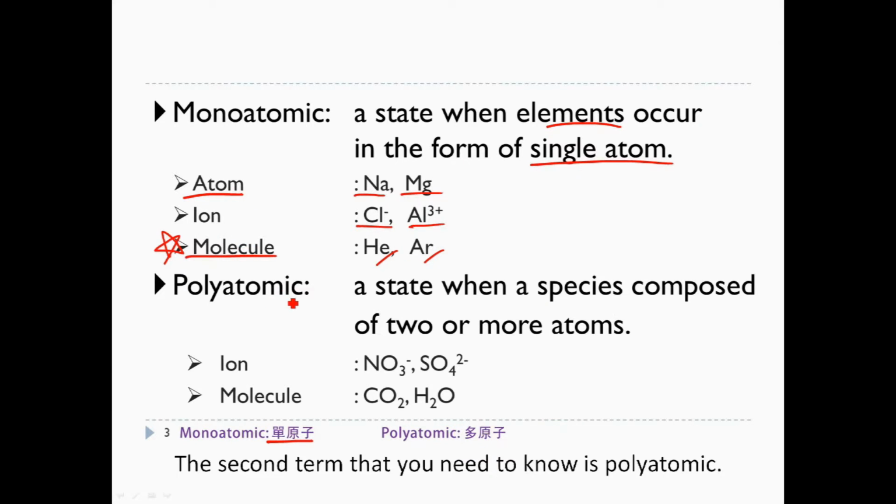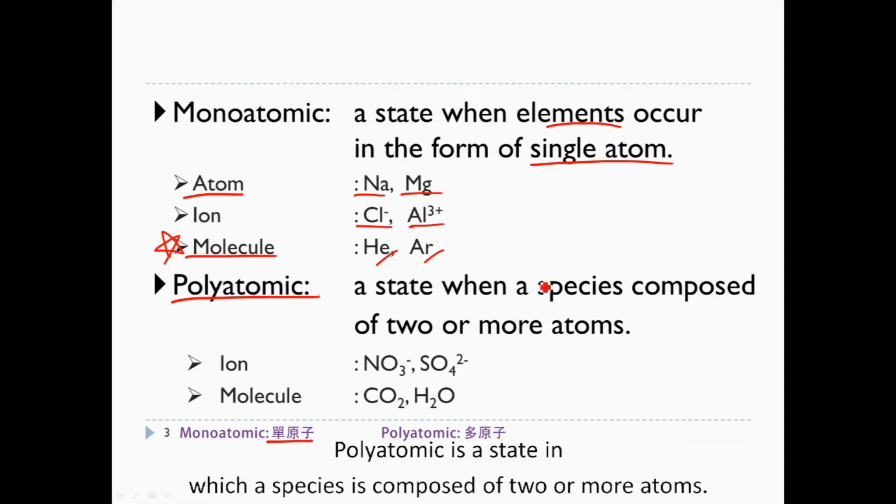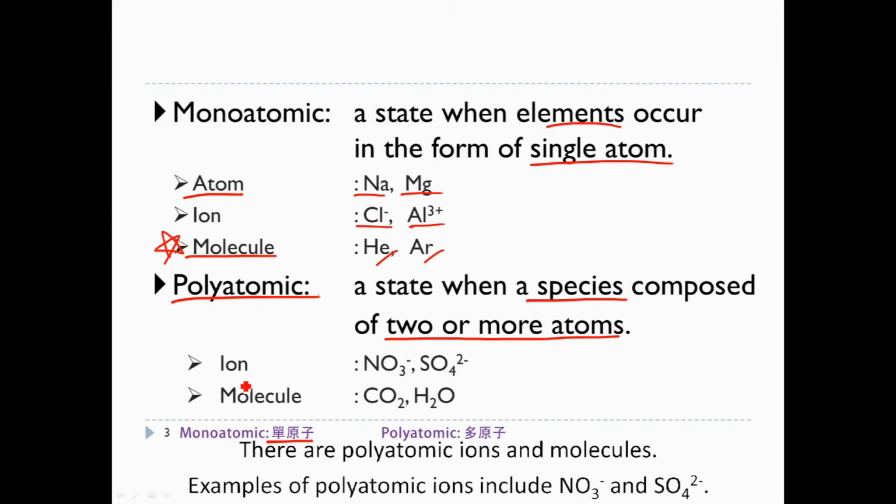The second term that you need to know is polyatomic. Polyatomic is a state in which a species is composed of two or more atoms. There are polyatomic ions and molecules.